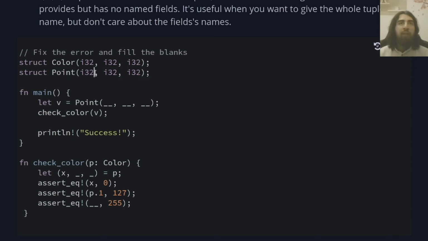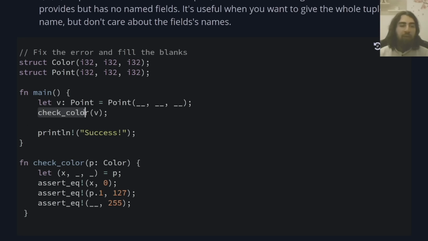And they're exactly like tuples, but they are named. Okay, so over here we have 3 integer values in the color tuple struct, and in the point struct the same thing. Now we want to instantiate the point struct over here, and the variable v will then hold an instance of our custom type point.